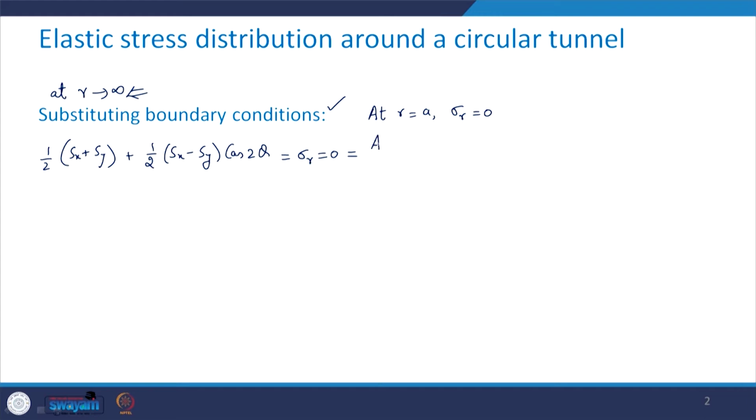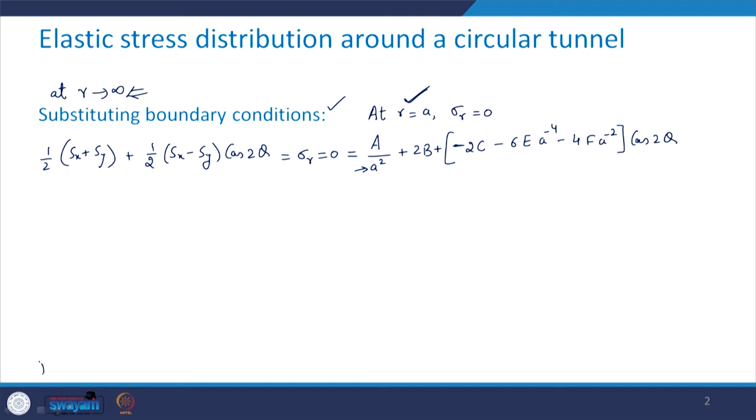So, that is going to be A upon a square, plus 2b minus 2c minus 6e a to the power minus 4 minus 4f a to the power minus 2, into cos of 2 theta.